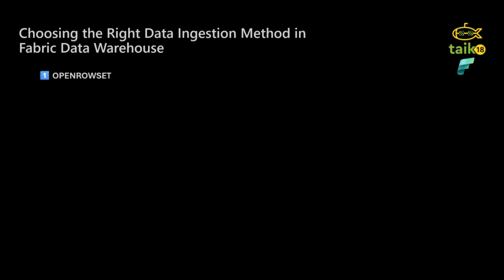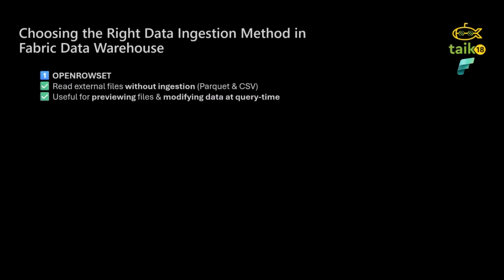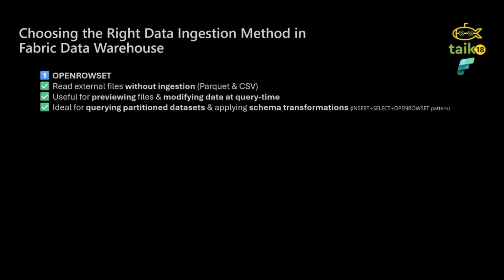So first we'll talk about OPENROWSET. This helps read external files without any ingestion, like Parquet and CSV, which it supports for now. Maybe it will support other formats in future. It is useful for previewing files and modifying data at query time, and it's ideal for querying partitioned data sets and applying schema transformation.